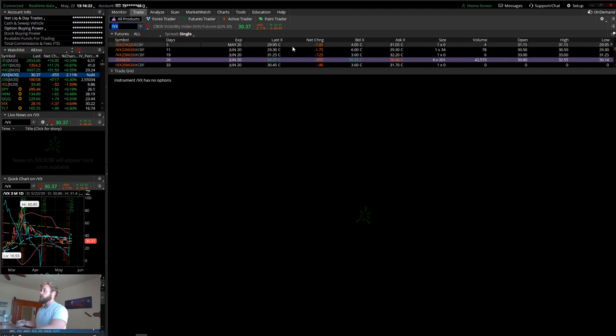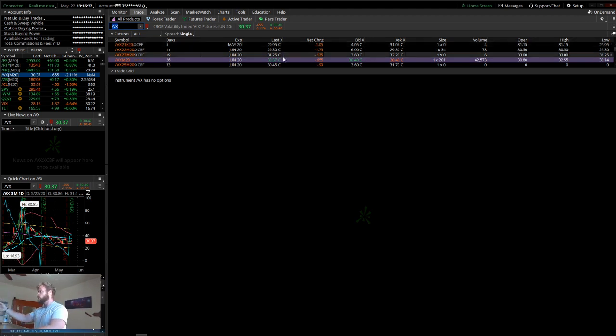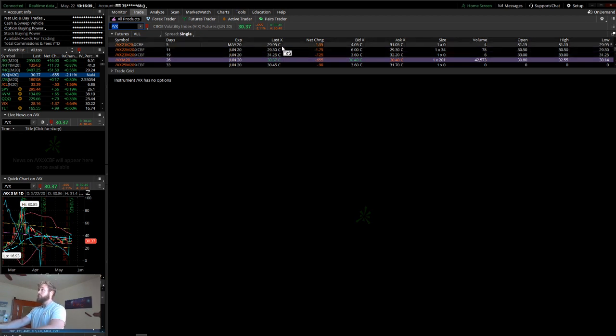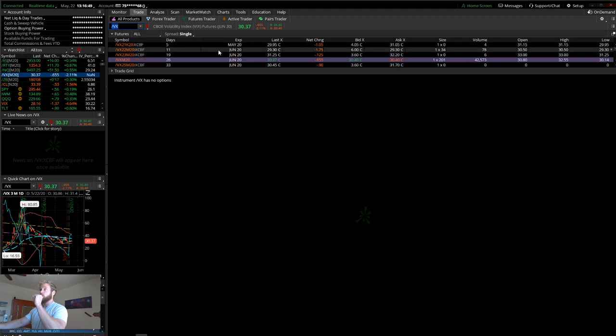What will happen when we're in contango is when it gets to expiration, we have to close out this front month, pay whatever it is to close, and then establish a new position in the further out month. So if you can see the difference here, in this exact scenario with the VXX, the portfolio will have these May 20 futures, and then it'll also have this first expiration for June 20 futures.